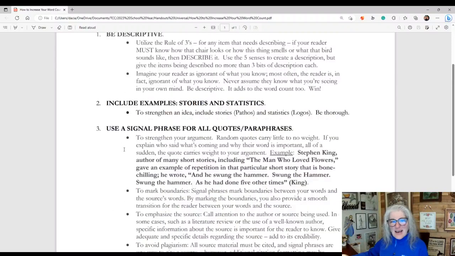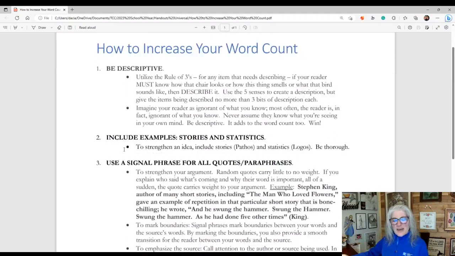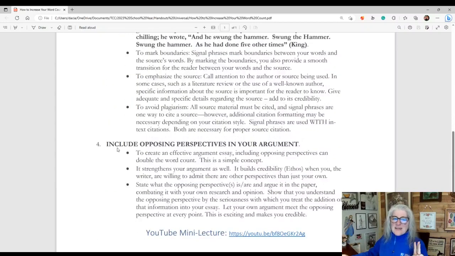So I highly encourage you to think about how to increase your word count by being descriptive, including examples, stories, and statistics, using signal phrases for all quotes and paraphrases, and including opposing perspectives in your argument. These are wins for you when it comes to your argument. And that's what we want to be working towards.